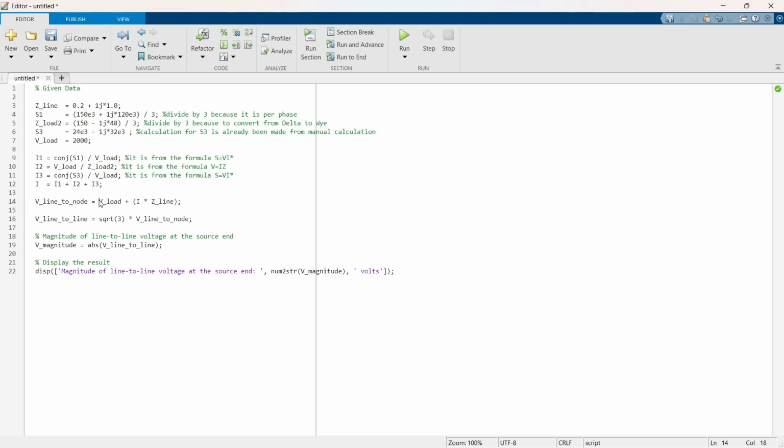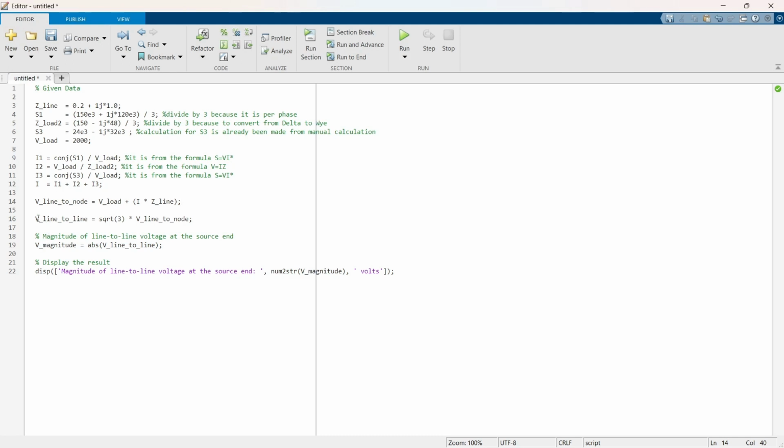Here this is the load voltage, which is 2000, plus the total current times the impedance of the line. Since V equals IZ, I times Z equals V, and from this we get the line to node voltage.